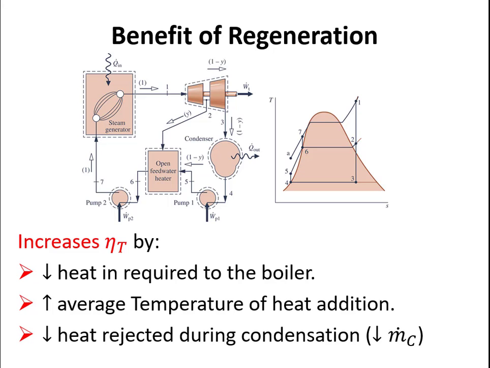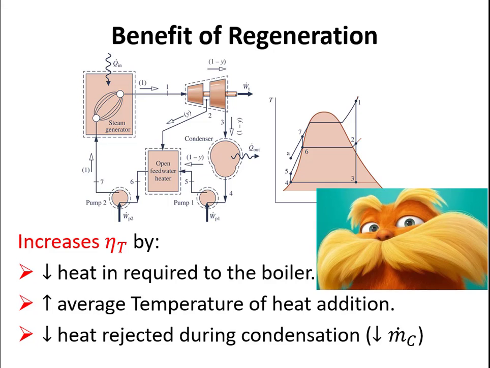And we're reducing the amount of heat that's rejected during condensation because we're taking some hot fluid out here at state 2, and some portion of the mass flow rate doesn't go through the condenser, and we're using that heat that would otherwise be lost to the environment to preheat our fluid going into the steam generator. So all of these actions are LORAX approved because we'll try to increase our efficiency to reduce emissions and save money.